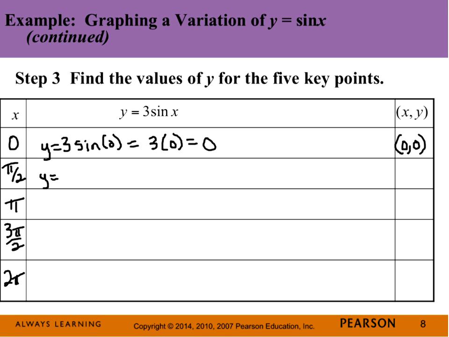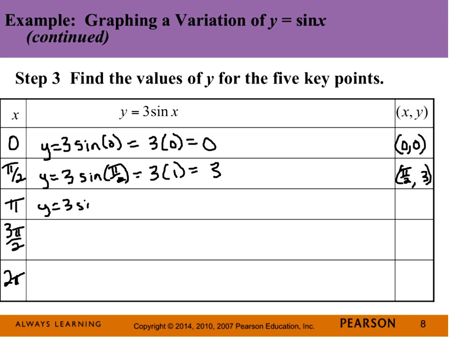For pi over 2, I have y equals 3 times the sine of pi over 2. So that's 3 times, well, the sine of pi over 2 is 1, and that gives me 3. So I have pi over 2, 3.